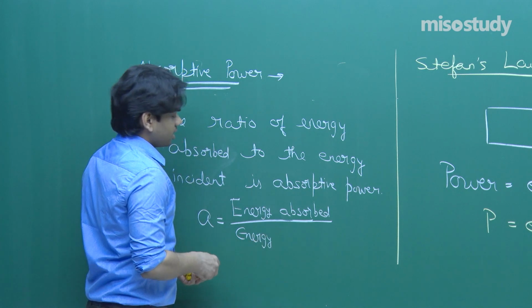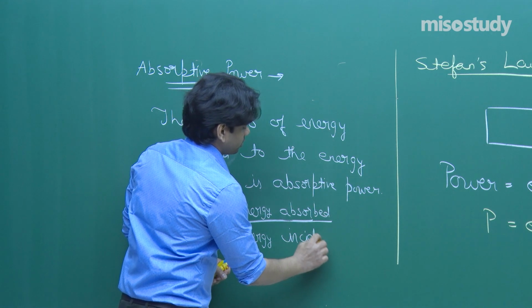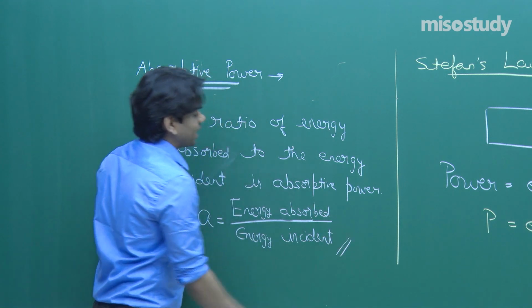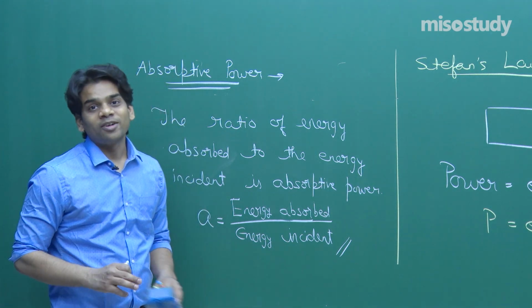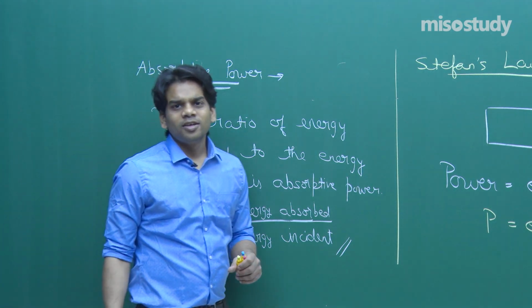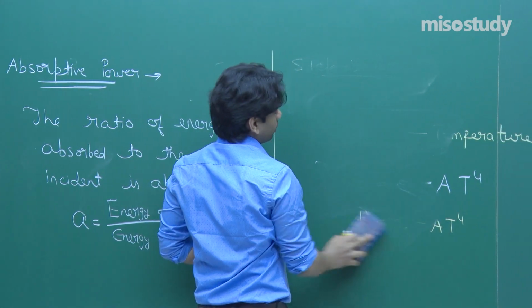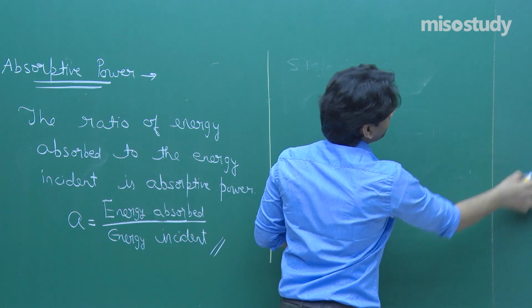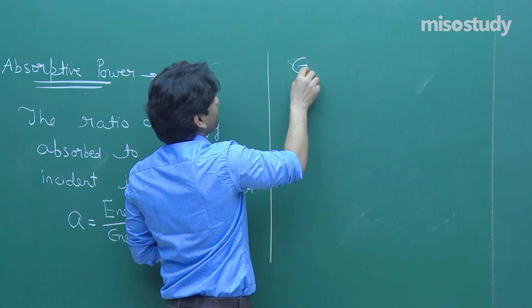This will give us the value of absorptive power. The first thing you should know: whatever energy is absorbed, divided by the total energy incident, will give you the absorptive power. Next, we have the next term, that is emissive power.